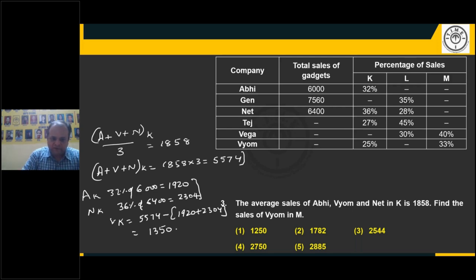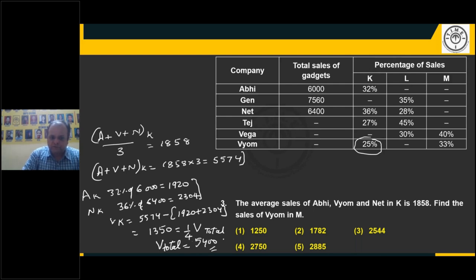Now 1350 is represented by 1 by 4. Why 1 by 4? Because in K the sale of Vyom is 25%. So we can say 1 by 4 of Vyom's total is 1350. So Vyom's total comes out to be 5,400.